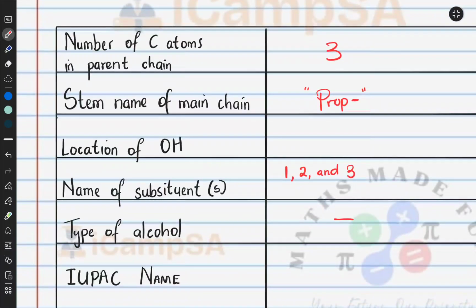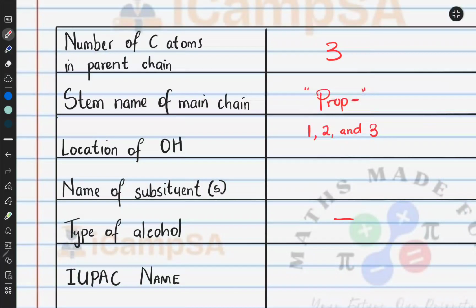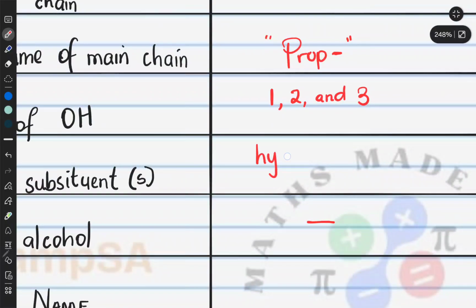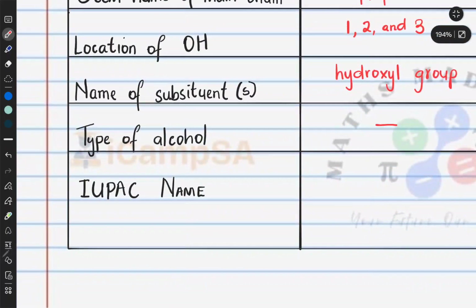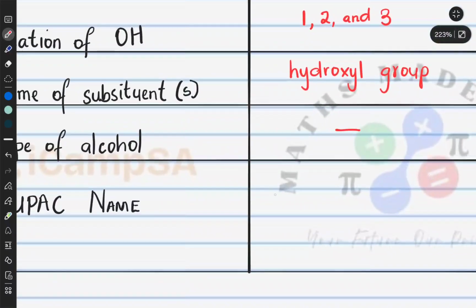All right, so we'll leave that for now and then go to the IUPAC name. Right? Oh, we made a mistake here. This is supposed to be there. And then we said the name of the substituent is a hydroxyl group. There are 3 of them actually. And then now the IUPAC name, since there are no other substituents here, it's mainly the hydroxyl groups. We can just start by listing their locations, and then from there we put our stem or parent chain name, propan.